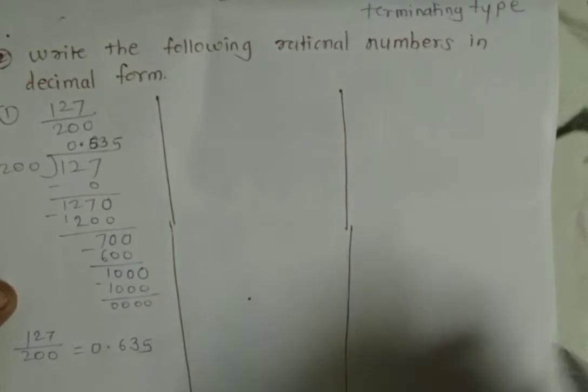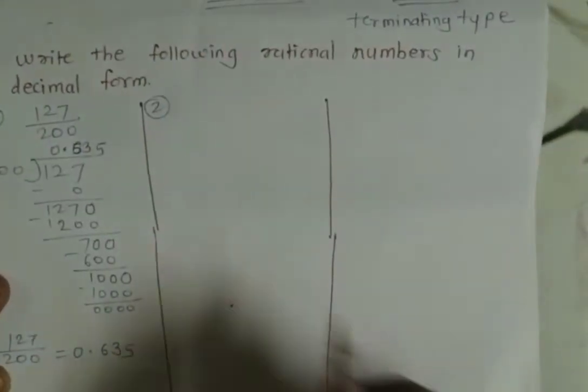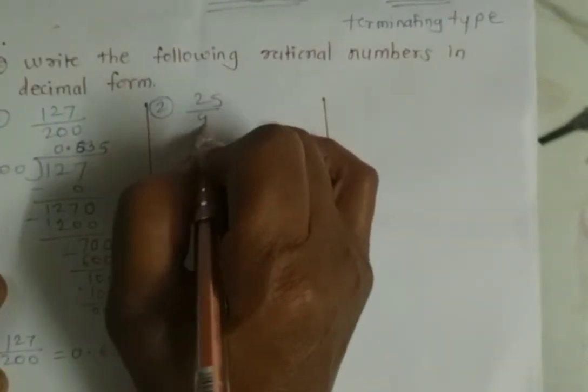Now we are going to solve the second example, 25 upon 99.